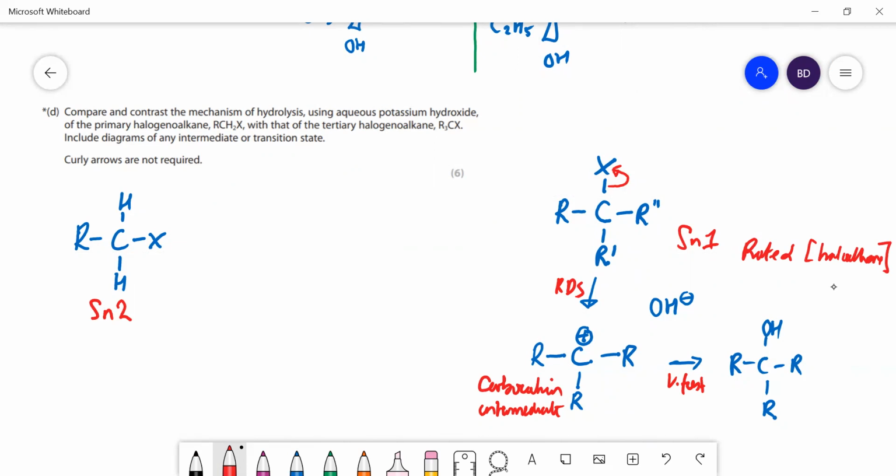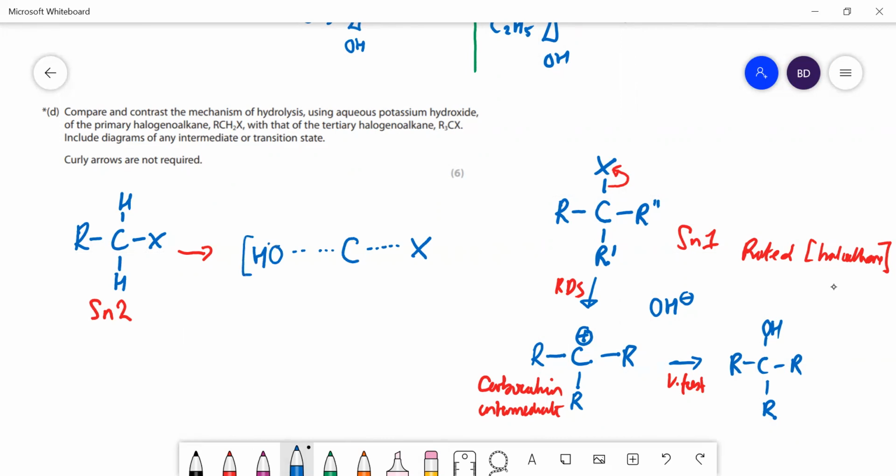So what happens here is the OH comes along, and before the halogen has chance to leave, it forms a loose association with the OH. So that forms the transition state. So you're going to end up there with the halogen still kind of attached, the OH minus, not quite attached.